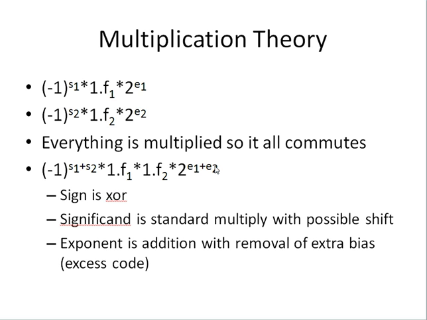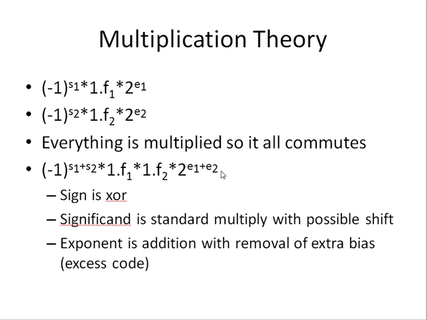Then the exponents, we just add them. Now, since we're adding exponents, and we technically have them encoded with a bias, in the case of single precision, we noticed this was 127, we actually have the exponent plus 127 plus the second exponent plus 127. So now we've got two 127s in there. So you get the exponent of 1 plus the exponent of 2 plus 127 plus 127.